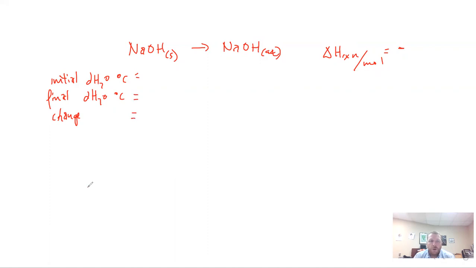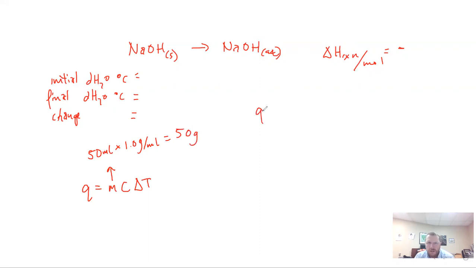But we're going to use the equation Q equals mc delta T. This M right here is the mass of the water that we actually monitored and saw the temperature change. That was 50 milliliters with a density of 1 gram per milliliter. So 50 times 1 g per mL equals 50 grams.